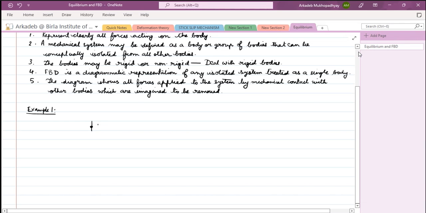So the first example would be a flexible cable or rope. Say this angle is theta.